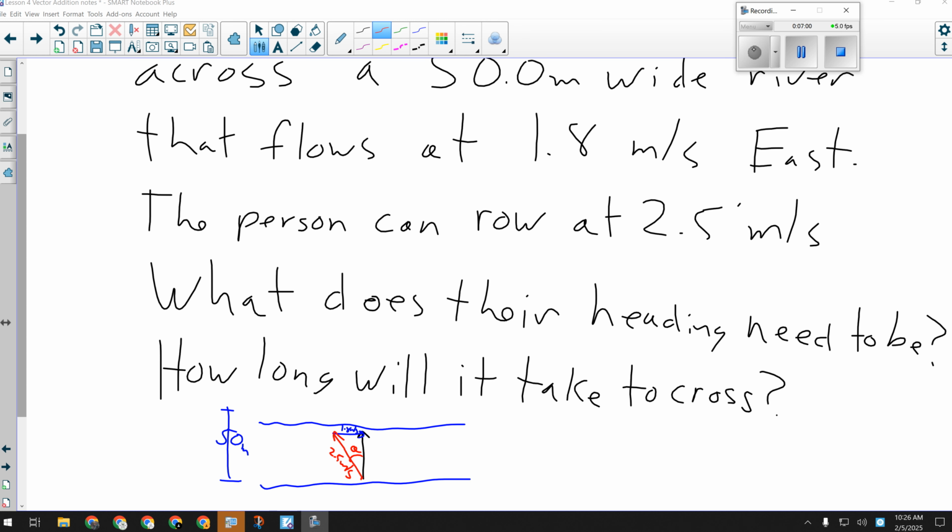First thing we got to find is the heading. Simple enough. We have the hypotenuse and the opposite side. So to find theta will simply be the inverse sine of the opposite side, 1.8, divided by the hypotenuse, 2.5.